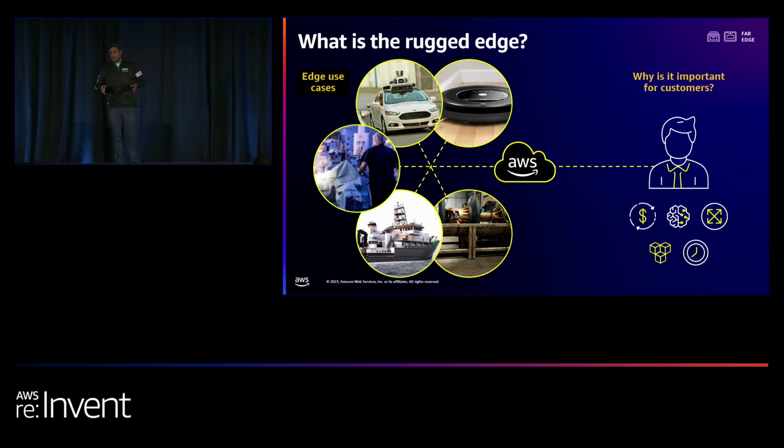It is also edge environments and locations where you do not have consistent network connectivity, or you may be completely disconnected in air-gapped environments. Or it could also be places where you need your compute and storage to be portable, to be mobile, maybe in the back of a truck, on a ship, or another moving vehicle, or just on the backpack of an operator.